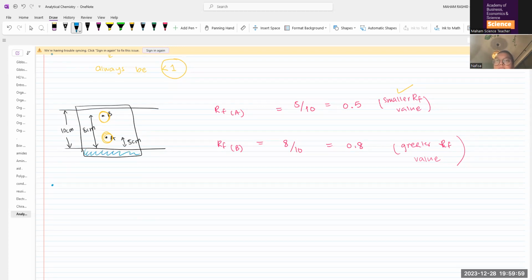Okay, so what's more soluble here? 0.8. Right. So this is more soluble. This is less soluble. B is more soluble in the mobile phase, whereas A is less soluble.